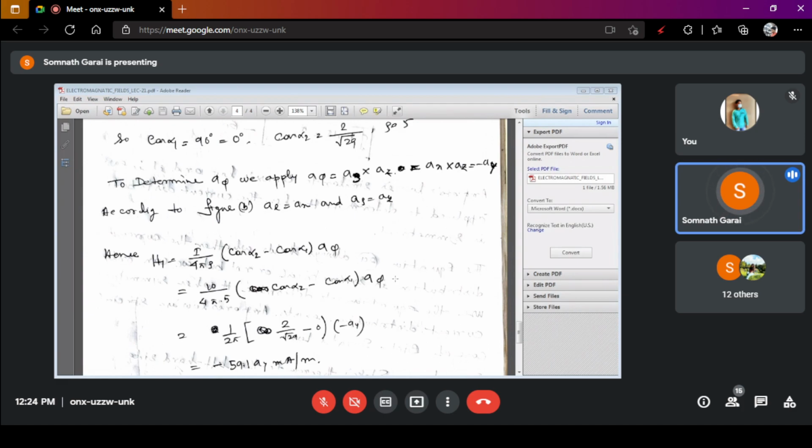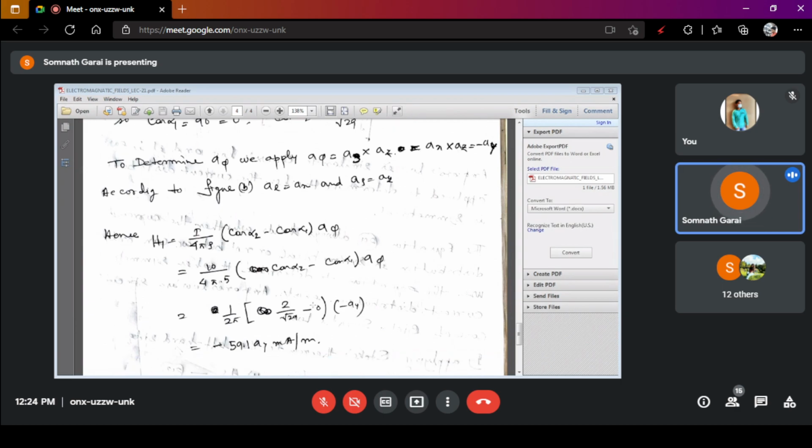Now we implement our equation for the magnetic field intensity: H equals I by 4 pi rho times (cos alpha 2 minus cos alpha 1) a phi.